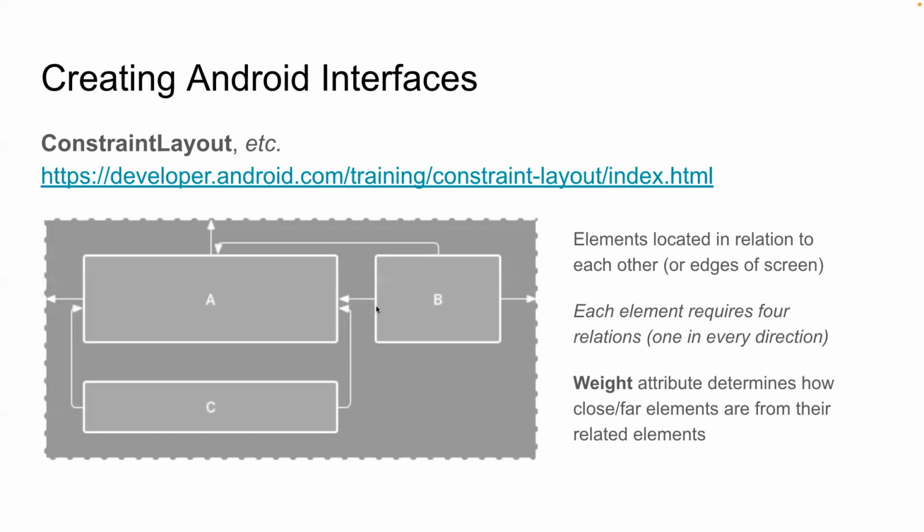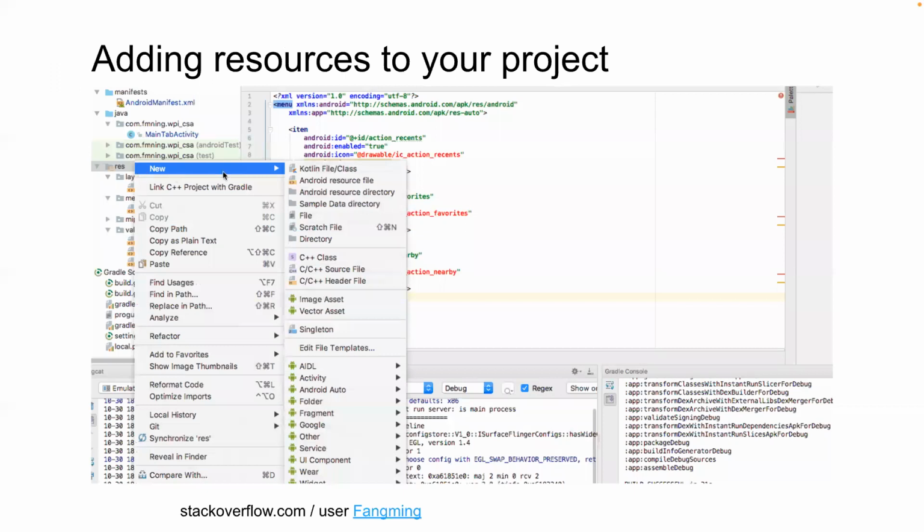In this case, I think it should be aligned to the start of B. So this is constraint layout, and we would use it a few times, and we will be able to see how the layout changes based on what we do with it.